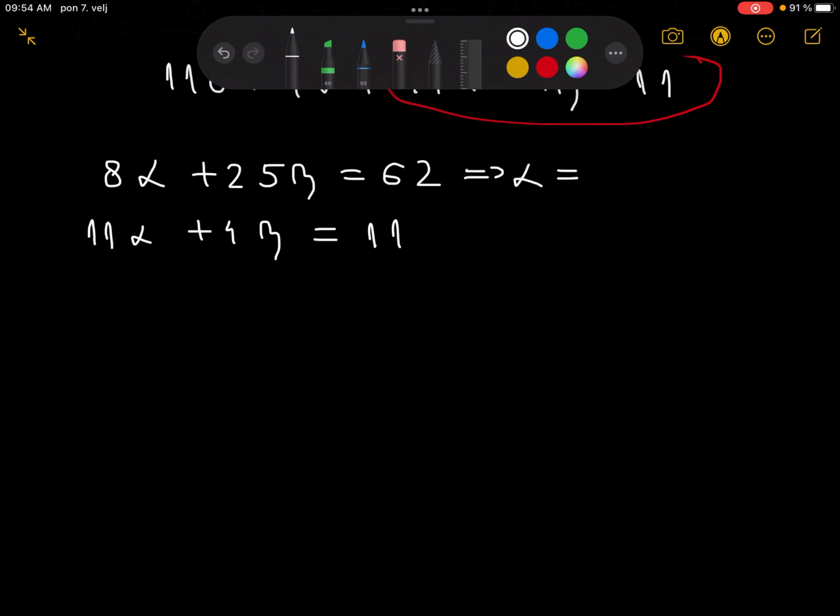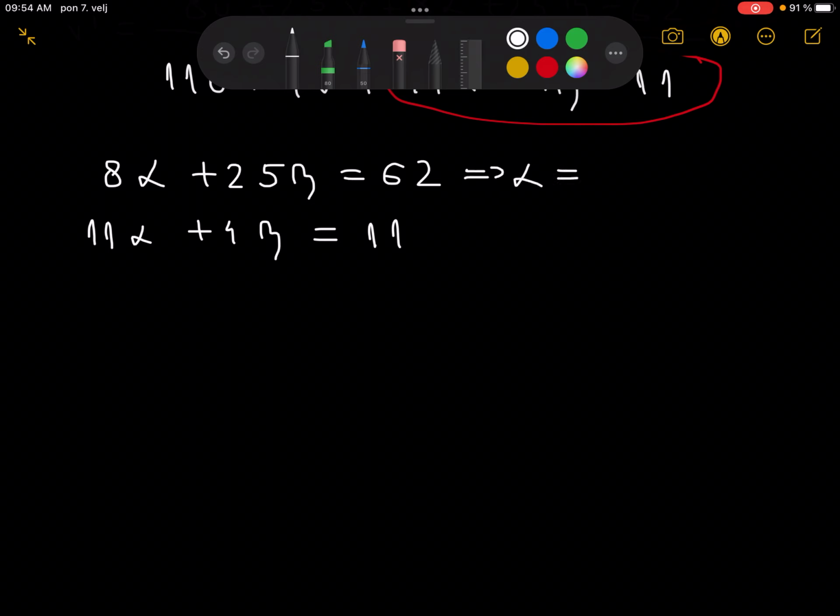So 11 times (62 minus 25 beta) over 8 plus 4 beta is equal to 11.